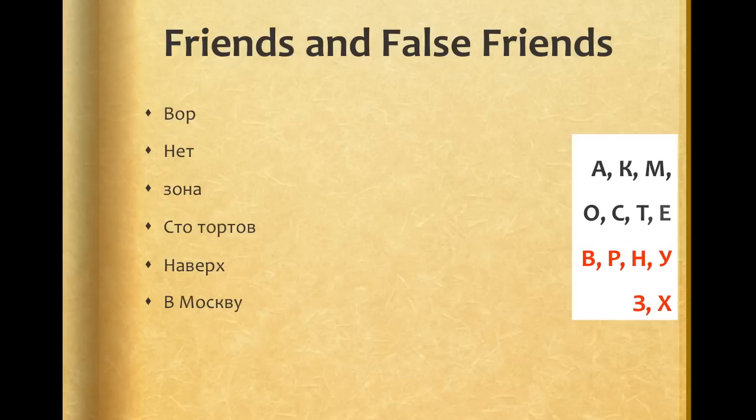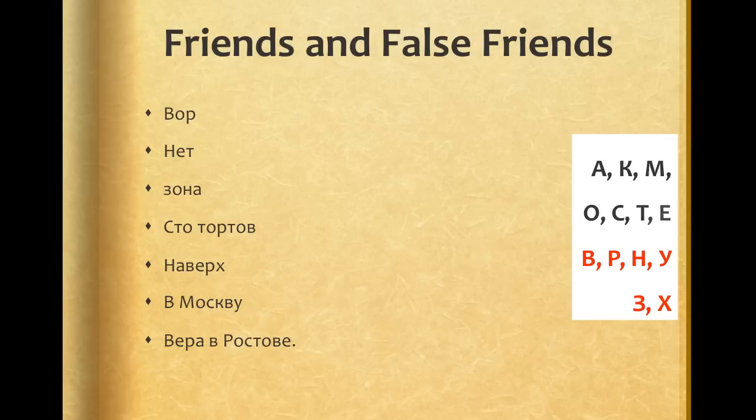Okay. We've seen this one before. В Москву means, what city is that? Moscow, right. So this means to Moscow. How about this one? This is that full sentence we read before. Vera в Ростове.